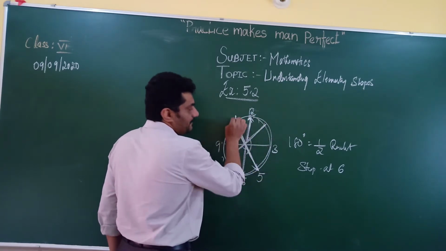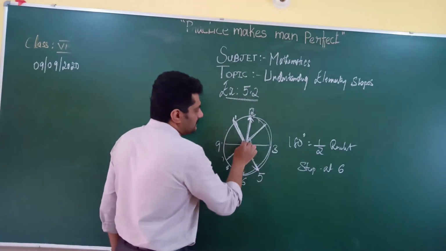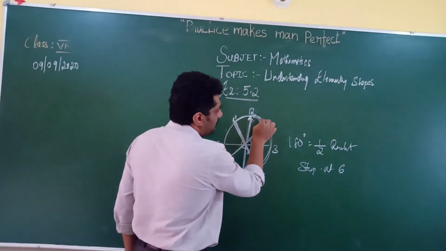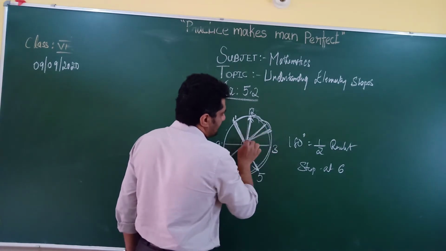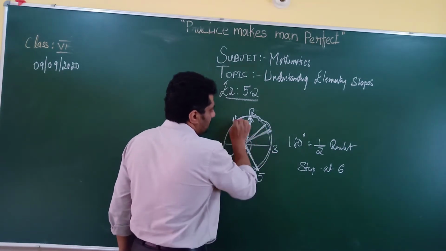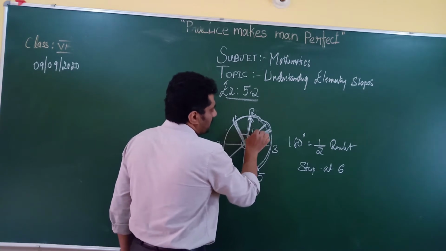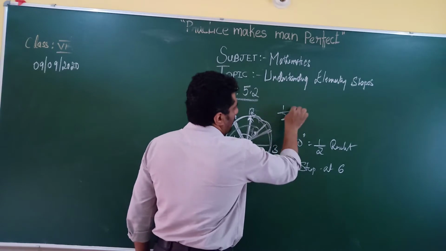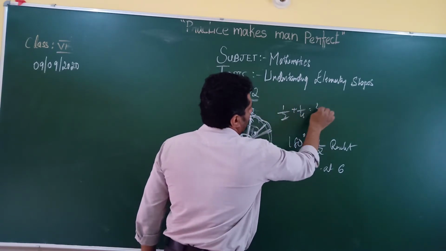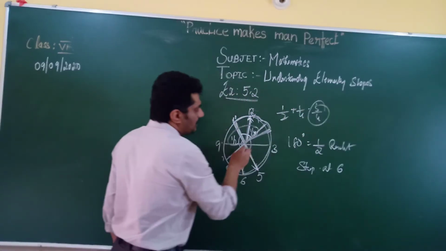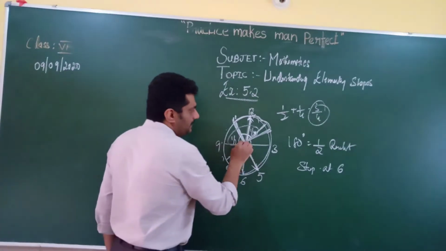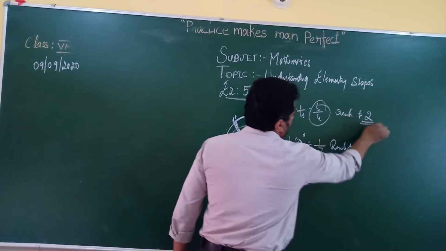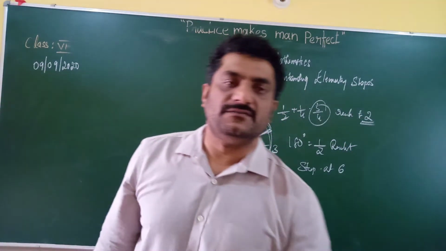From 5 to 11 makes 180 degrees. Now from 11, 12, 13, 14. So this is 180 and this is 1/4 and this is half. Together, 1/2 plus 1/4 makes 3/4. So if the clock starts at 5, it reaches 2 after 3/4 of a revolution.